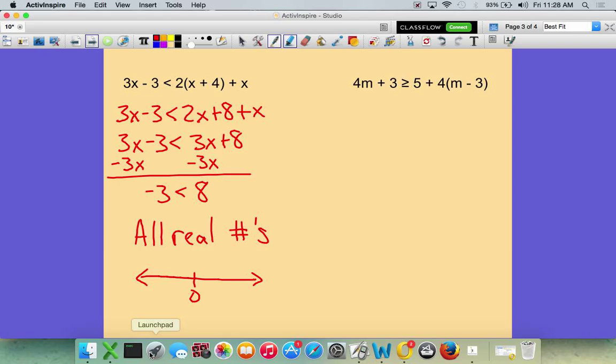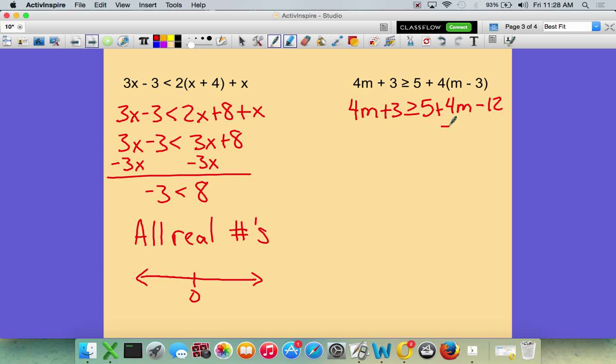So when we come back here, when our x's drop out, we're still going to have something left over here. Negative 3 is less than 8. Because that is true, then that turns into all real numbers. Over here on the right side, we're going to have something very similar happen. You can already see it, when we multiply this 4 through here, we're going to have 4m's on both sides.